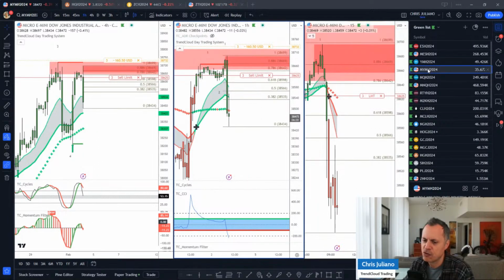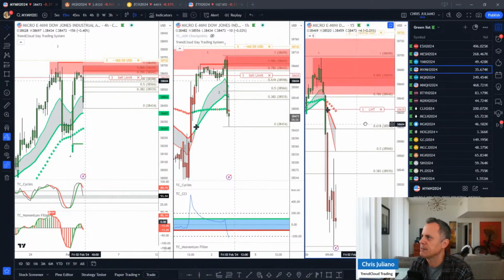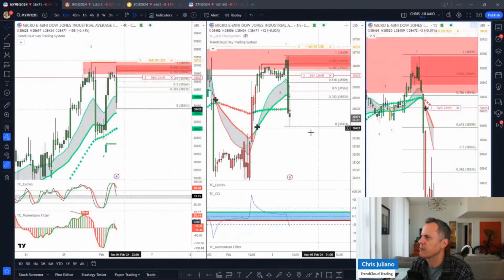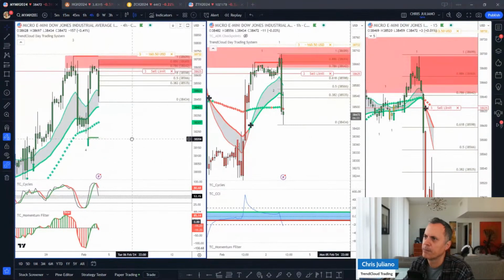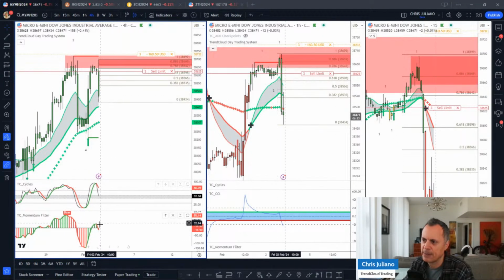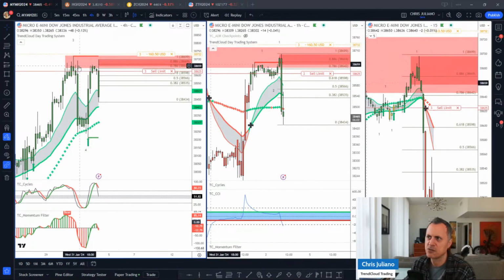So this is the DOW trade. And what we're doing here is we've got a double top on the 4-hour chart. We are cycling down and momentum is down, okay? Because we double topped, this is like a retest of this area. So this is a supply zone.